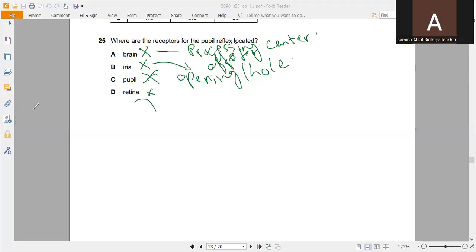And the retina is the part of the eye where the receptor cells are present. Rods and cones are present there. So D is the correct option.